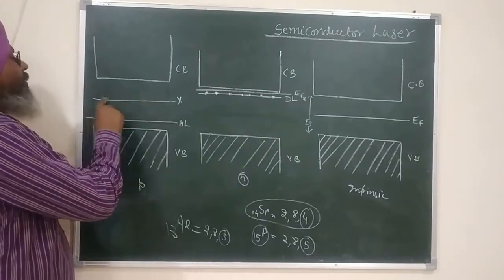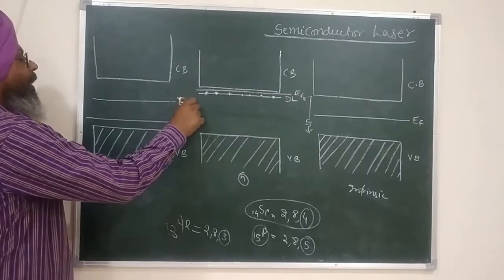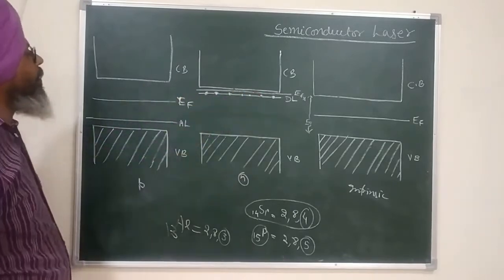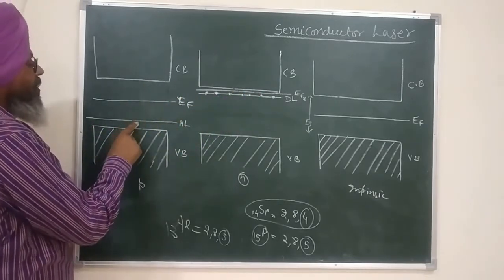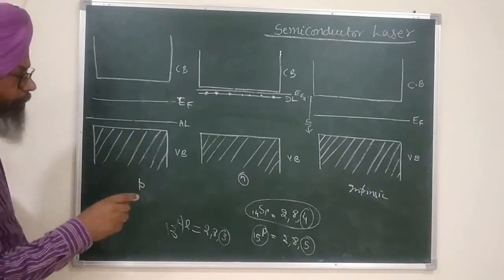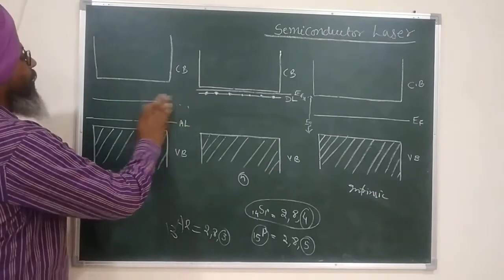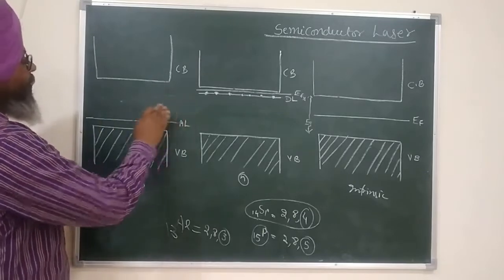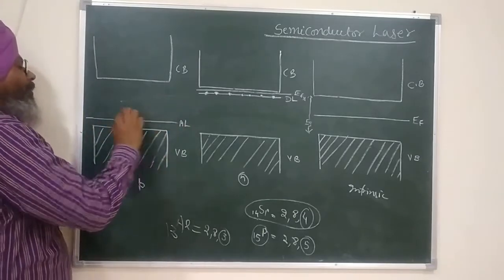So if I place Fermi level in the middle of the gap, just like intrinsic semiconductor, then below Fermi level there is acceptor level, and acceptor level is always empty. So obviously I cannot draw it here. So therefore, in case of p-type semiconductor, the Fermi level will be in the middle of this gap.